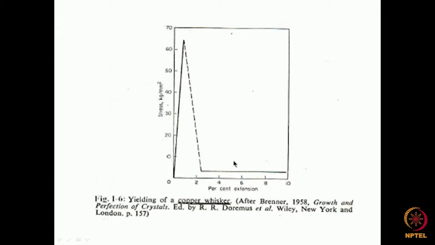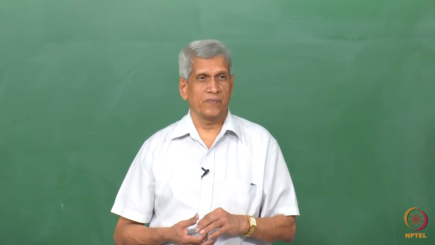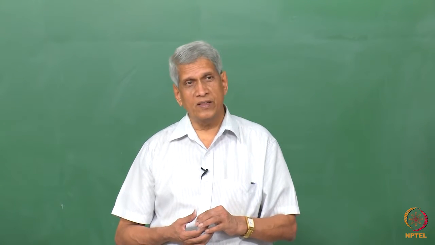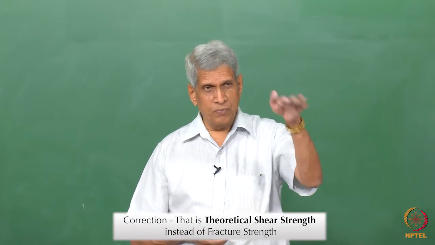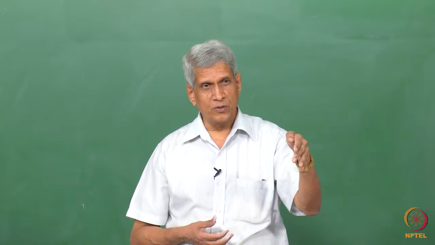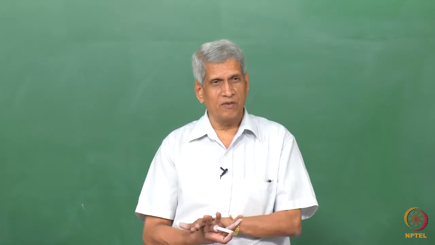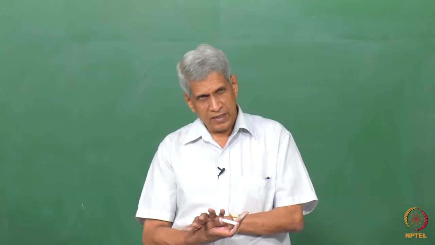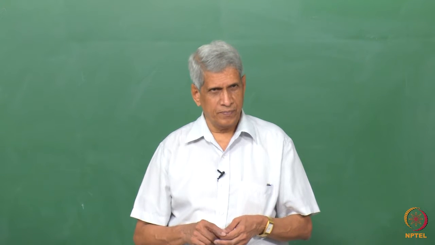So essentially from this you can make out that if dislocation is not there, the stress which is required to start deformation is very high. Or you can say that the yield stress becomes very high, close to the fracture strength. Just before it reaches that, some dislocations are introduced, then it becomes much easier. So immediately you find that there is a relief in the stress, and then the dislocation starts moving at a much lower stress.